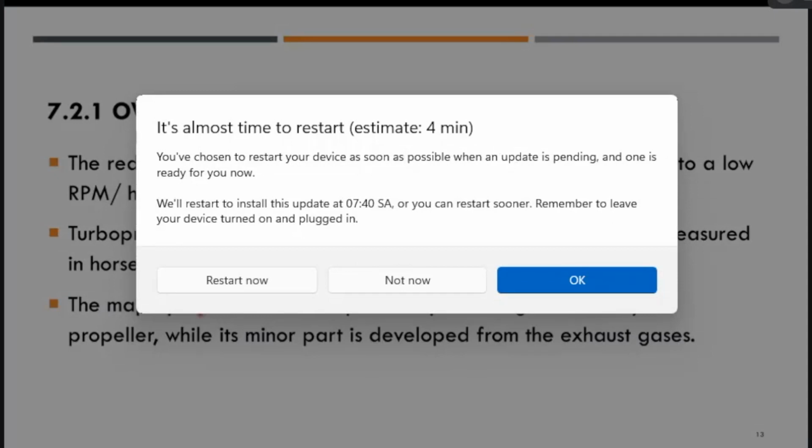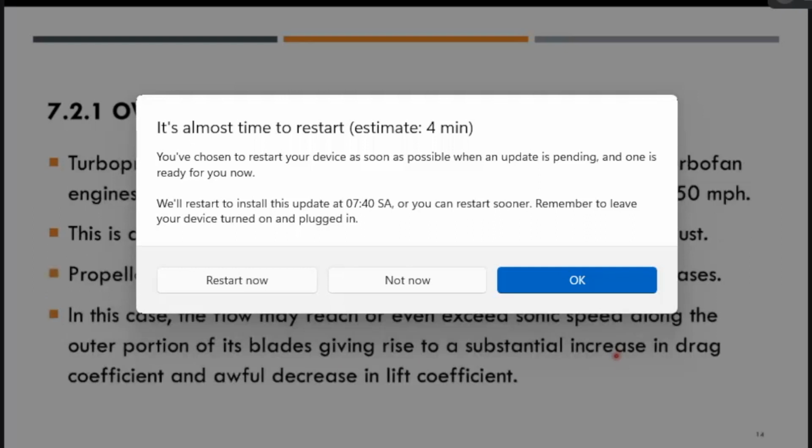The major part of this total equivalent power is generated by the propeller, while its minor part is developed from the exhaust gases. So the power is generated mainly by the propeller, but some minor part is generated by the exhaust gases as well.